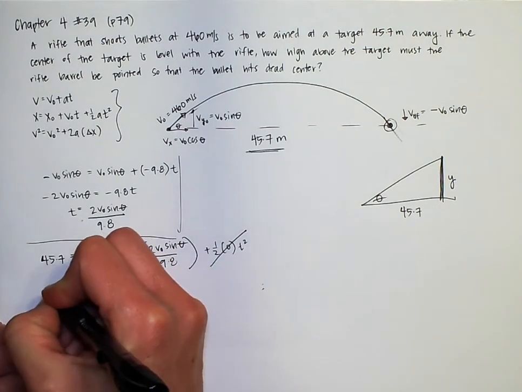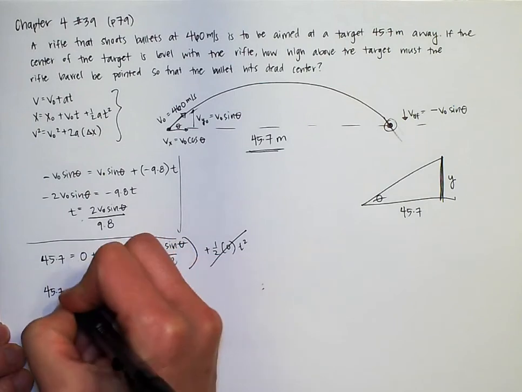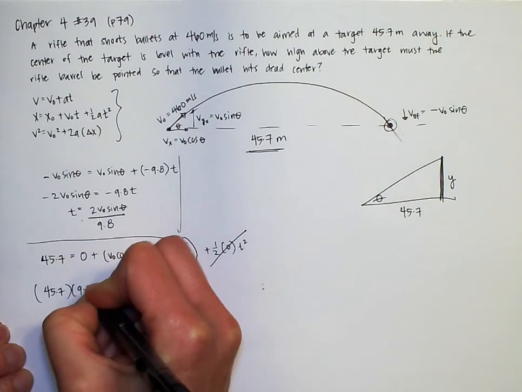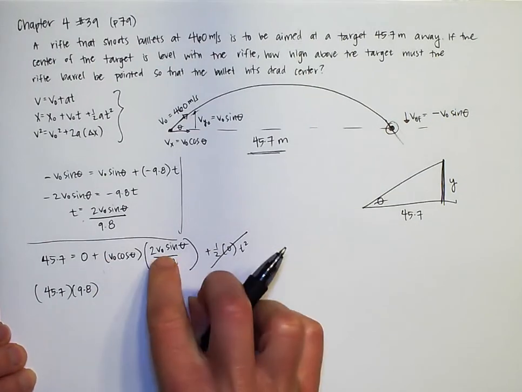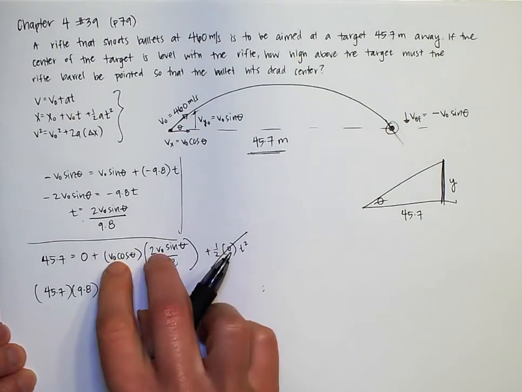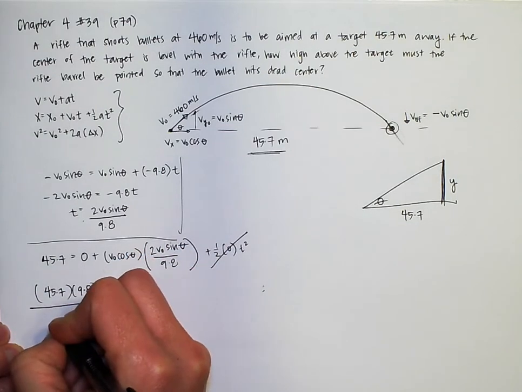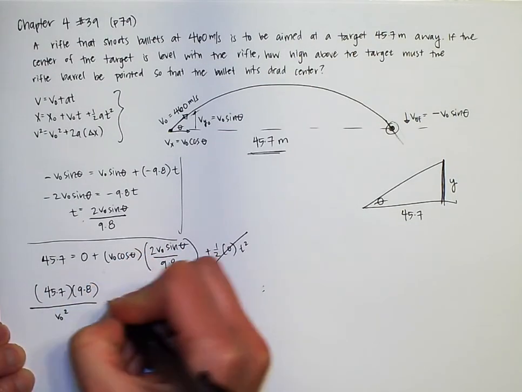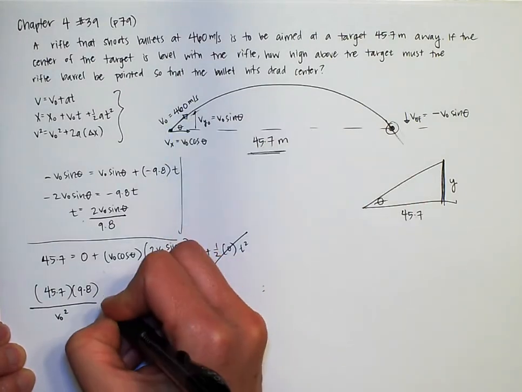So I'll simplify this a bit. So we have 45.7. I'm going to move my 9.8 over here times 9.8. And I have a V naught right there and a V naught right there. So that's going to be V naught squared, but I'm going to move it over to the bottom here. So V naught squared. And we know that V naught, by the way, is 460. So that is a known quantity.